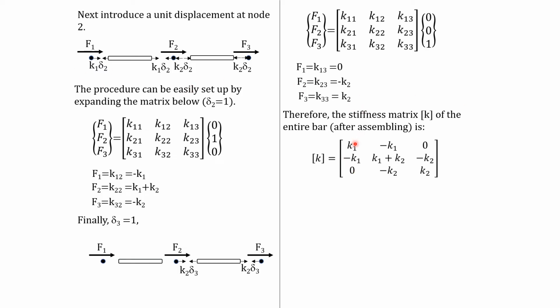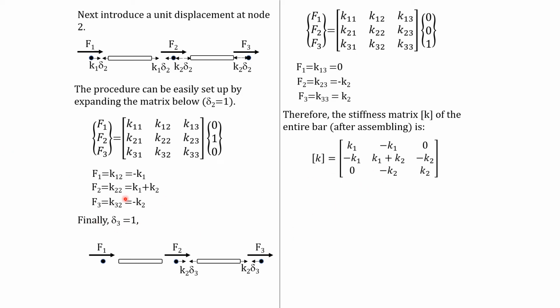It is equal to F1 when the displacement is 1 is K1, and this is negative of K1 from this result here, then 0 because F1 is 0 when delta 3 is 1. Then we have here negative K1, which is when delta 2 is 1. So F2 is equal to negative K1 from the preceding slide.